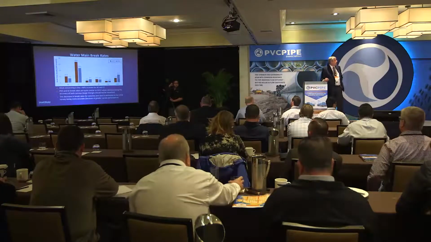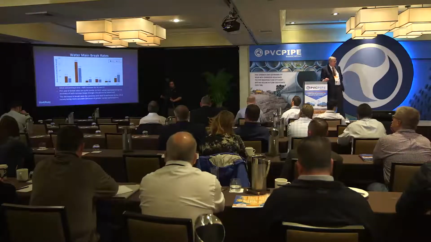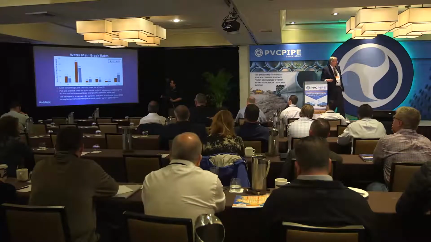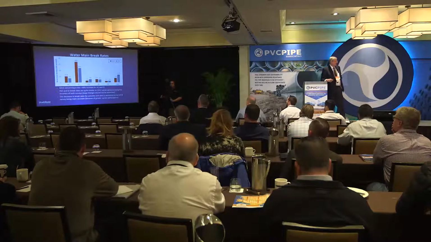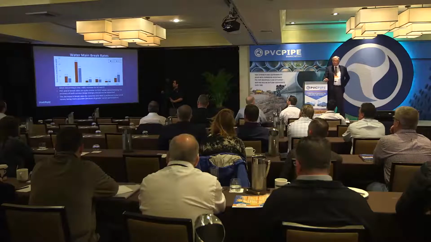And here, what we're doing is comparing the 2012 and the 2018 break rate results. And what you can see there is AC went up, cast iron went way up, concrete and steel went down. Did concrete and steel improve?